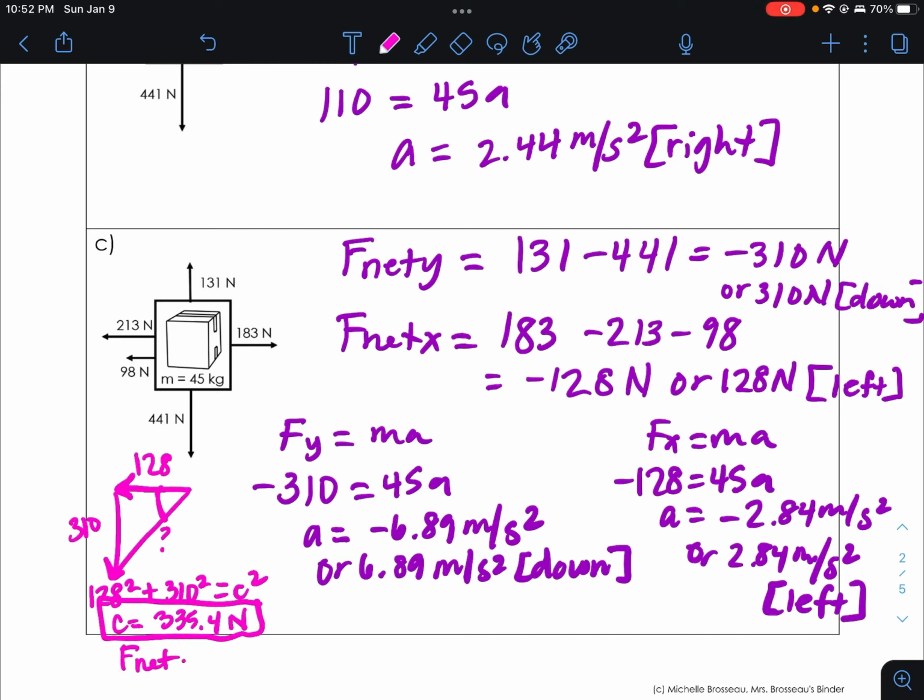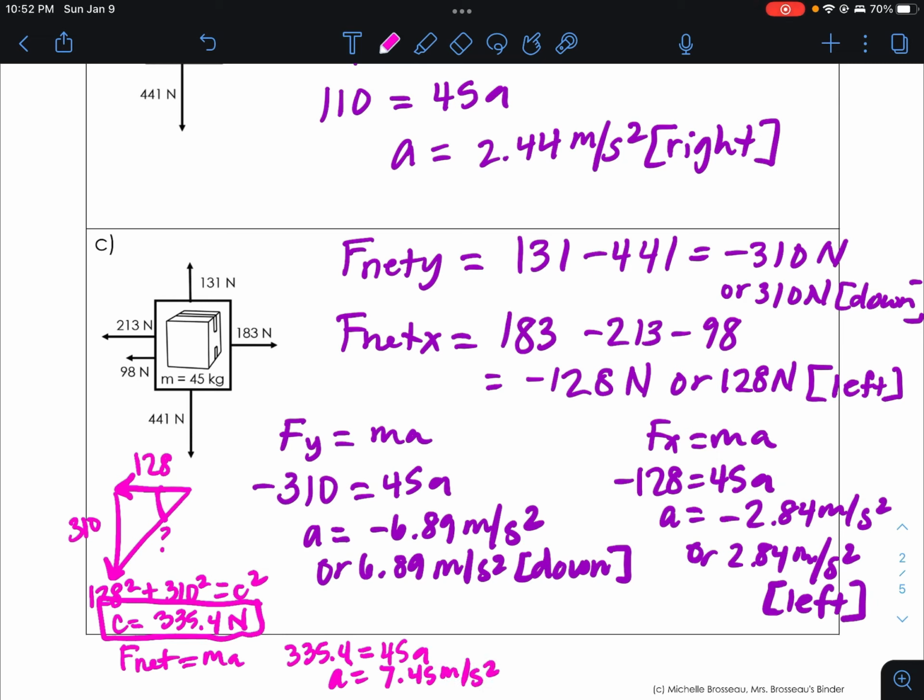And so F net equals MA. So 335.4 equals 45 times A. So we would get A to be 7.45 meters per second squared.